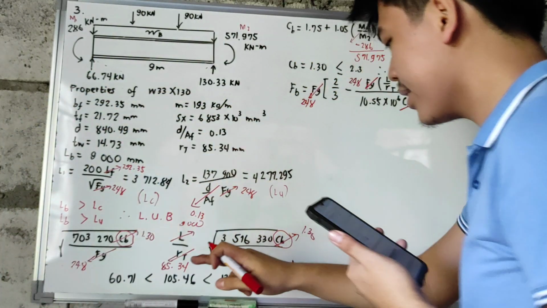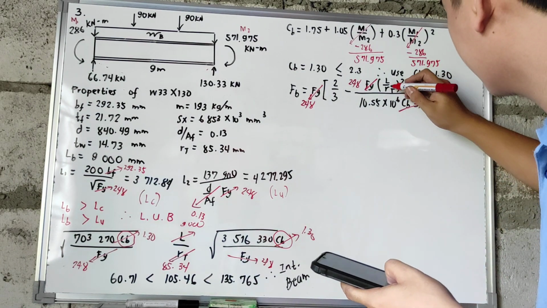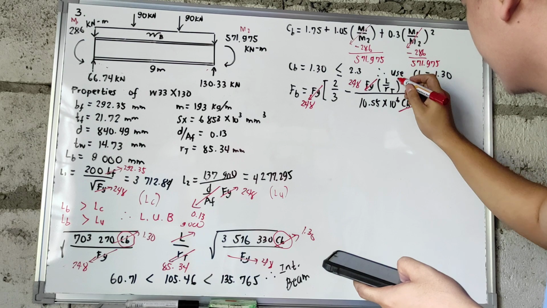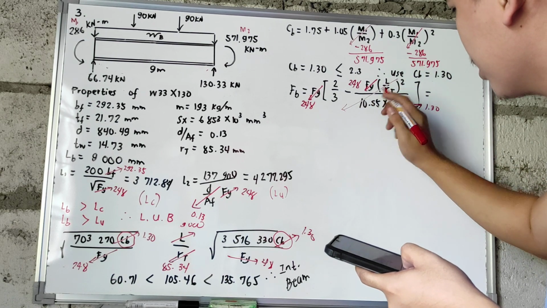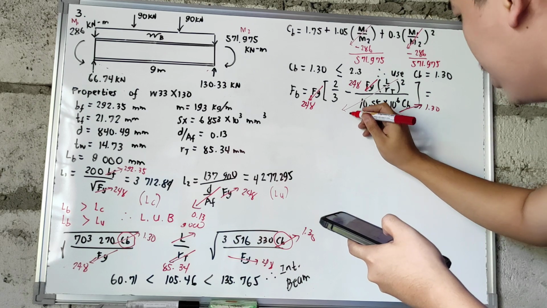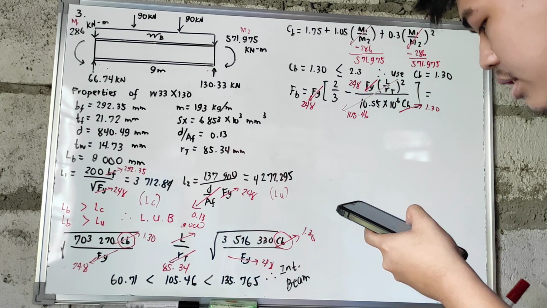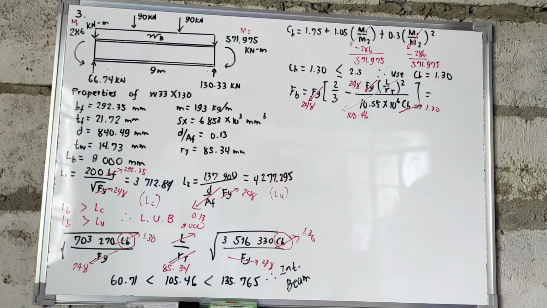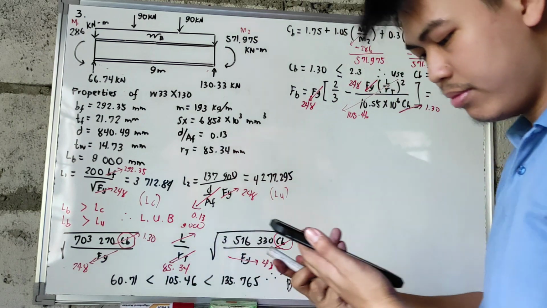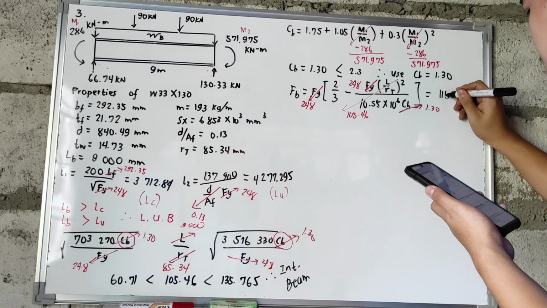Yung L over RT natin is equal sa 105.46. So, ayusin lang natin. The value of our FB is now equal to 115.46 megapascal.